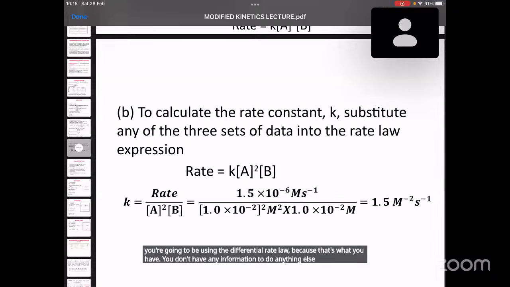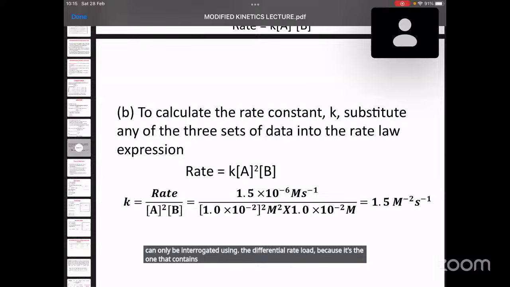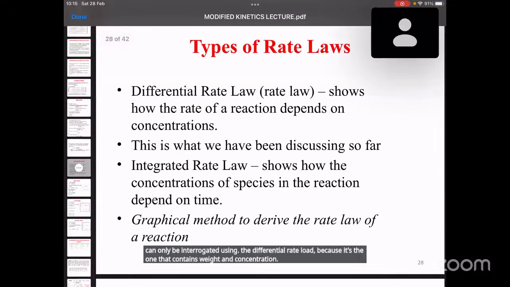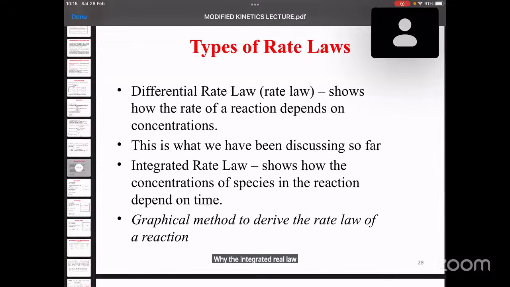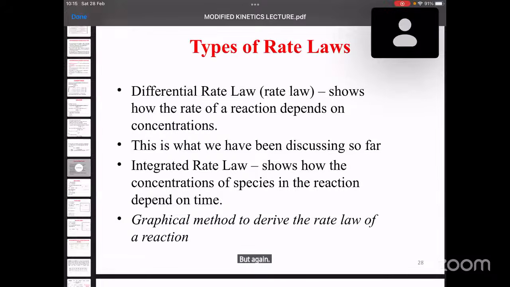The information you have can only be interrogated using the differential rate law, because it's the one that contains rate and concentration. While with the integrated rate law, you will have concentration and time data. We'll see examples of that. But again, the integrated rate law comes from the differential rate law.